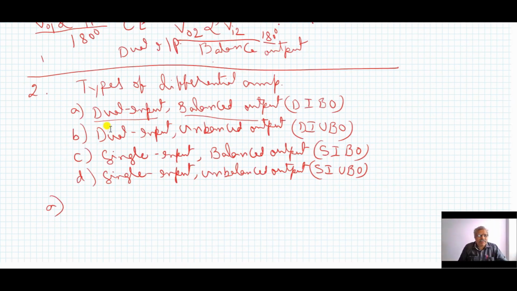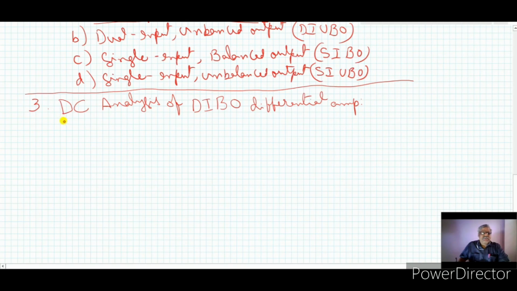Our next topic is DC analysis of dual input balanced output differential amplifier. In electronic circuits, how many types of analysis are there? There are mainly three types of analysis possible. One is DC analysis, another is AC analysis, and the third is transient analysis.